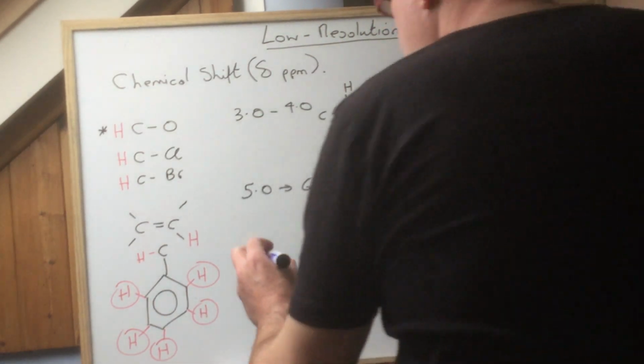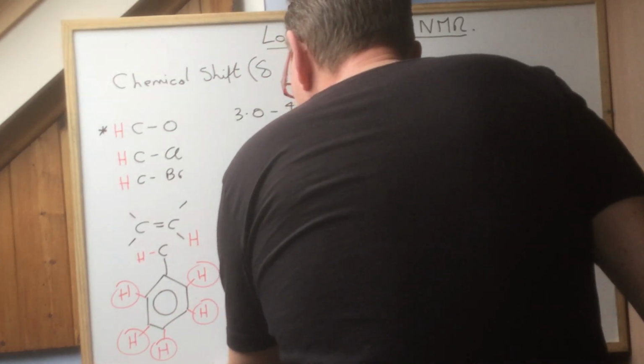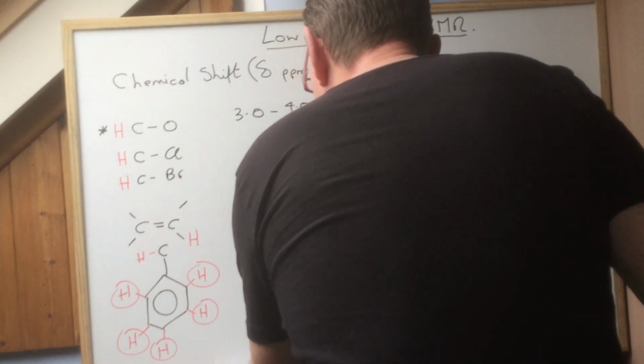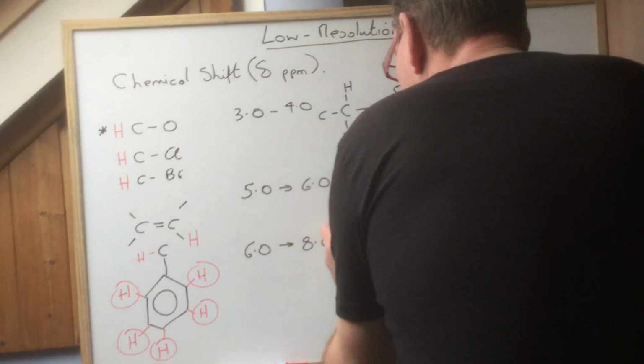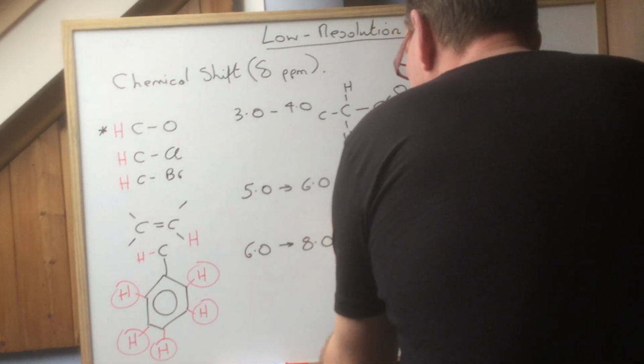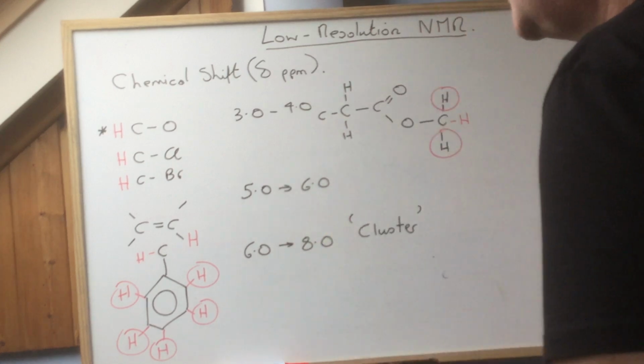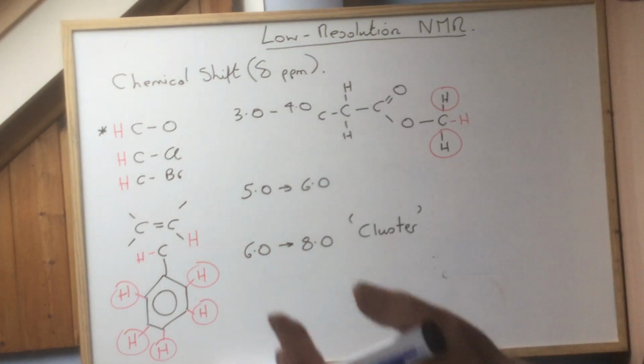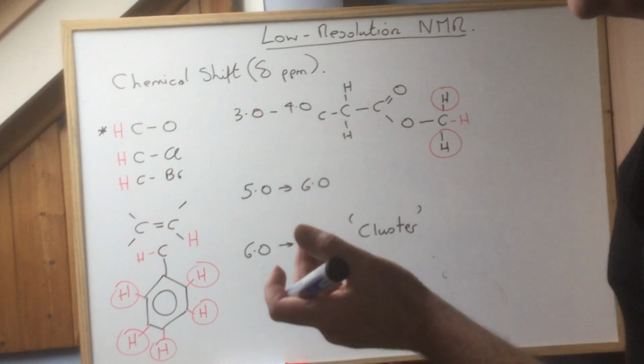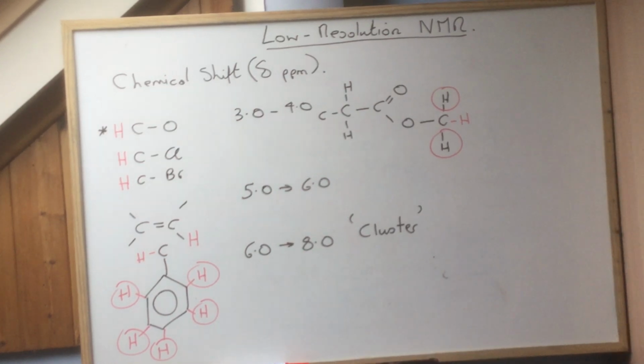But it's a giveaway if you've got 6.0 to 8.0 in a chemical shift and probably a cluster of peaks. You've got a benzene ring in the molecule. The other clue to that is a high degree of unsaturation, like a high carbon to hydrogen ratio. That's a clue for a benzene ring in a molecule.